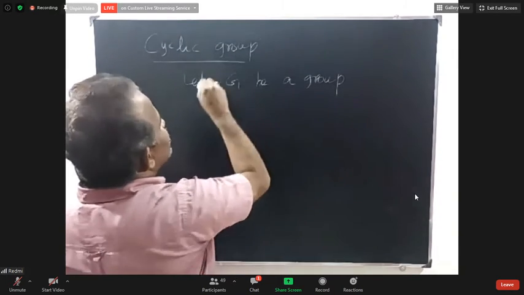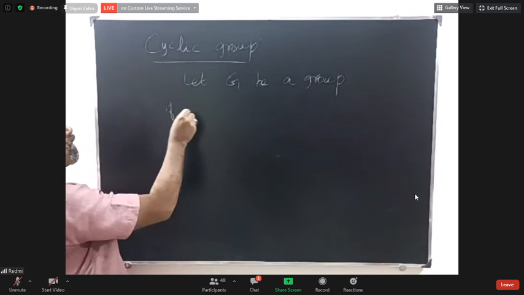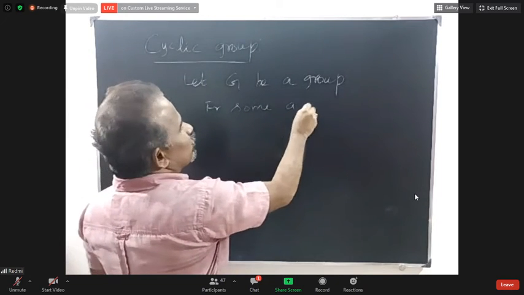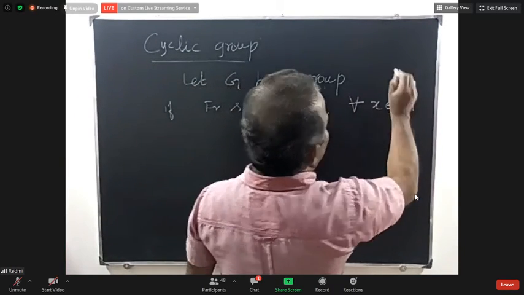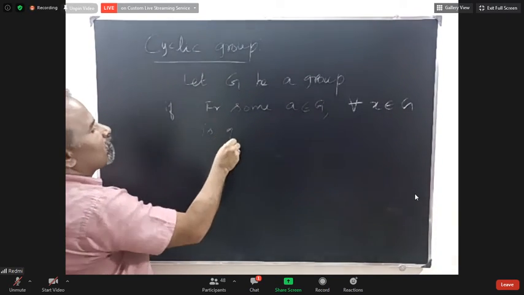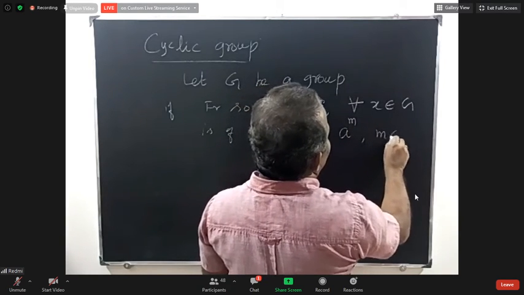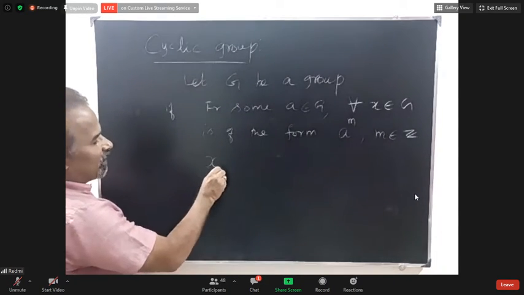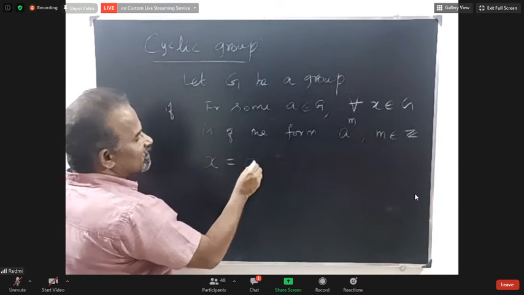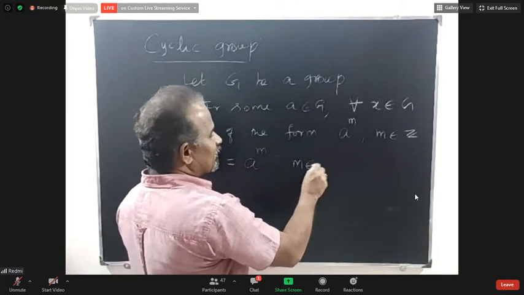Then G is said to be a cyclic group if for some A belongs to G, every X belongs to G is of the form A power M, where M belongs to Z. That means every element X of G can be written as A power M. This is the concept.